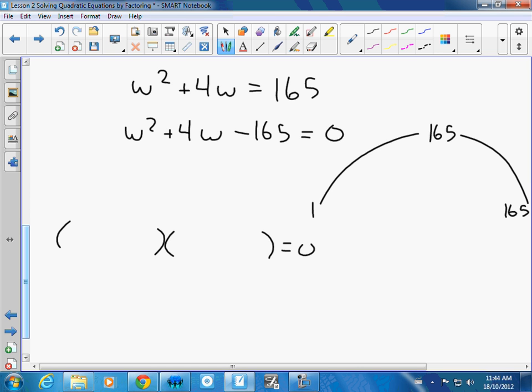We'll go the other way. Take 165 and divide it by 3. What do you get? That's why you have your calculator in front of you. 165 divided by 3. So 3 and 55. Is that correct? 3 and 55, is that right?